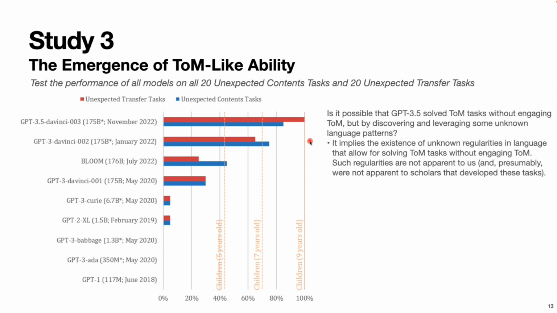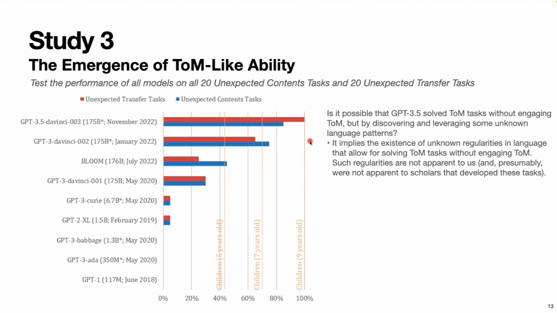Then the authors considered whether it might be just because of some other properties of the data that you get these very precise answers. So maybe there is some pattern. It's all about pattern matching. It's not that ChatGPT can really understand the beliefs of protagonists. It's just answering by patterns.